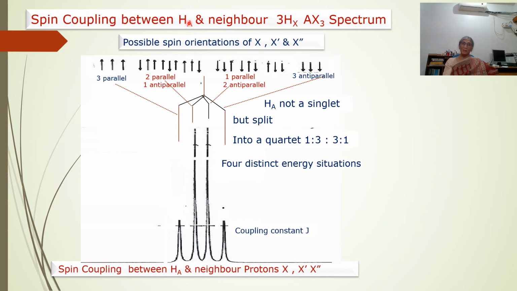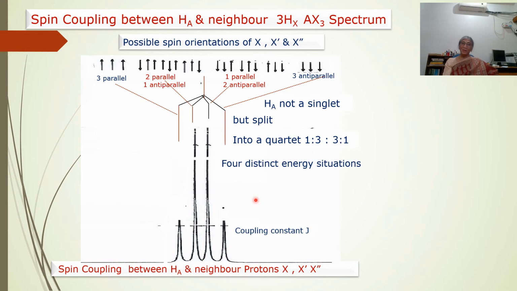So proton A can see four different energy situations, so it will show the absorption at four energy levels. A singlet from proton HA will split up into four peaks, and the intensity of these four peaks will be 1:3:3:1, and the distance between the peaks is known as the coupling constant J. So the signal of proton A, which has three neighbors, will split up into four peaks.